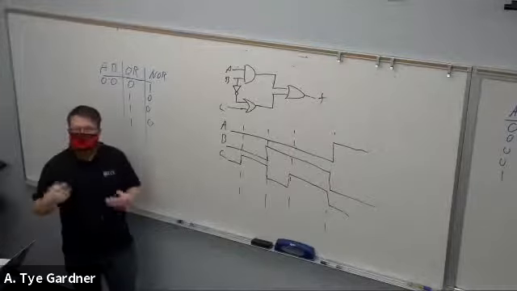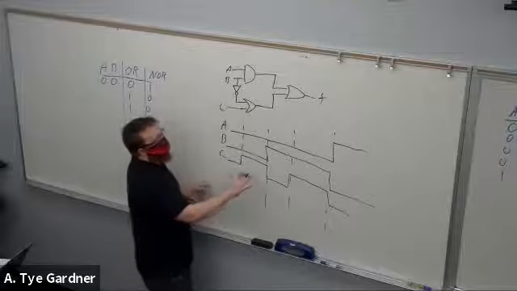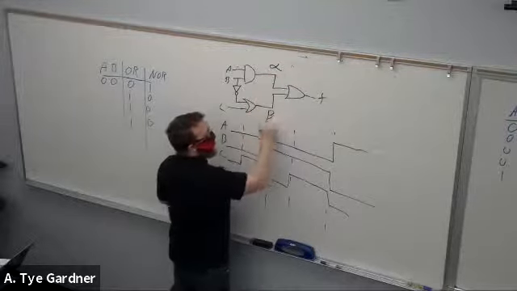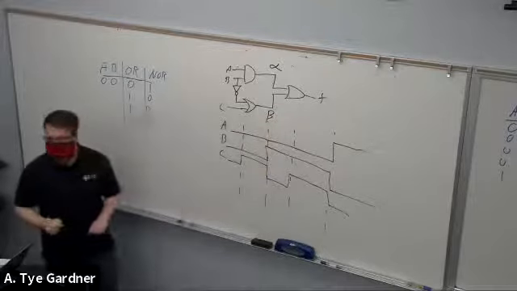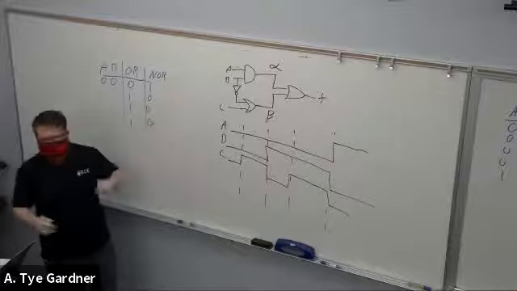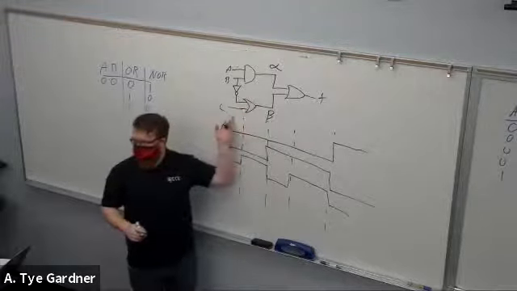And then I would give you a couple of blank lines. You would use these for, let's call it alpha and beta. You can call it whatever you want, X and Y. And then you would draw what happens on alpha and beta as these all change.